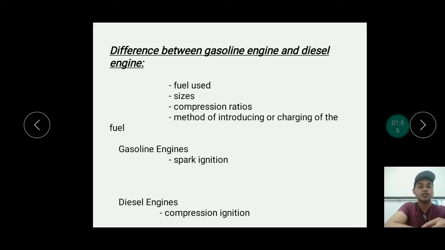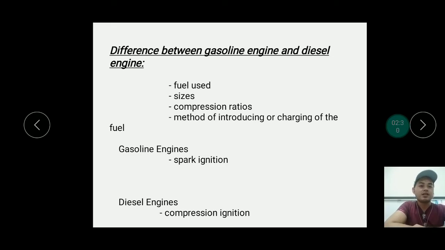About the sizes, there are different sizes of gasoline and diesel engines, and usually for the bigger sizes we use the diesel engine, but it all depends on the usage. We use gasoline engines in motorcycles and cars, while the diesel engine we use also in cars and in ships and other machineries.